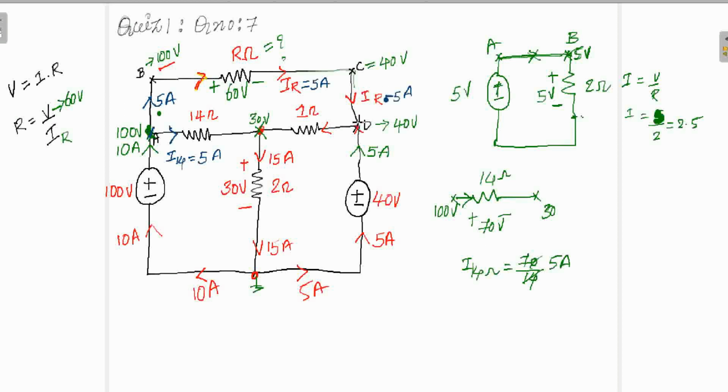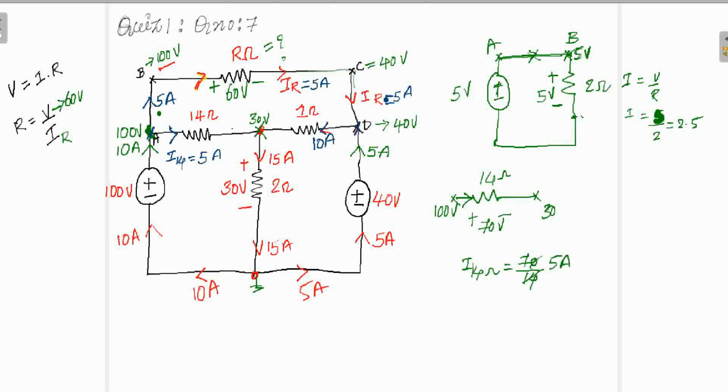So at point D, we are getting two currents. That is IR is 5 amperes and from 40 volts it is supplying 5 ampere current. 5 amps, 5 amps. So the total current flowing through this 1 ohm is 10 amperes.